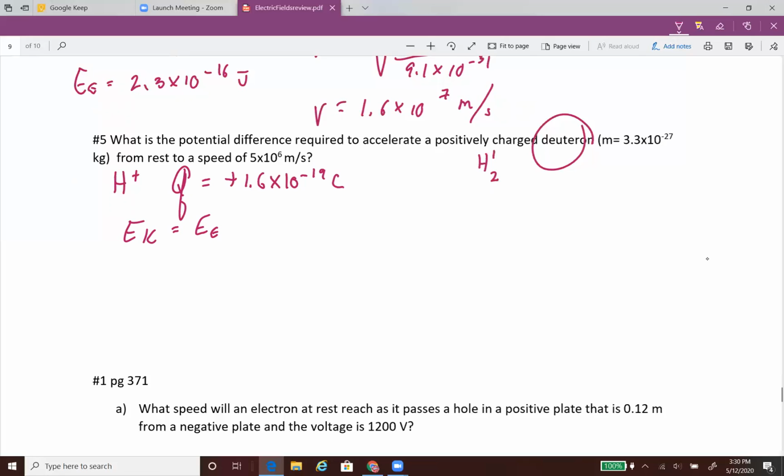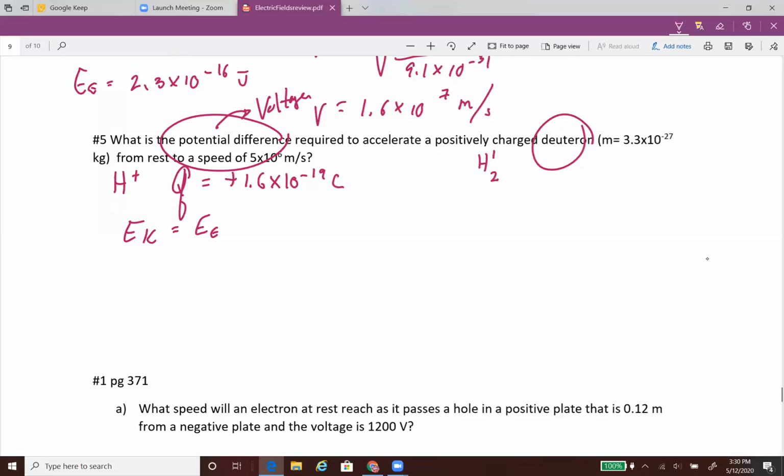Now, here's what we know from the previous time we talked about voltage, because we're looking for the potential difference. That is the voltage.